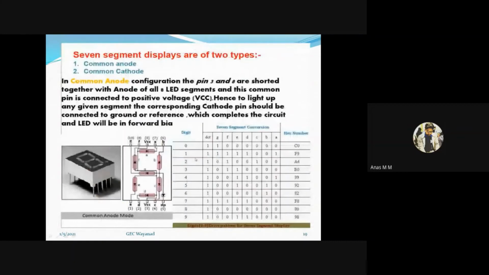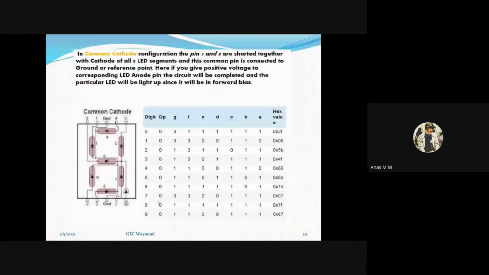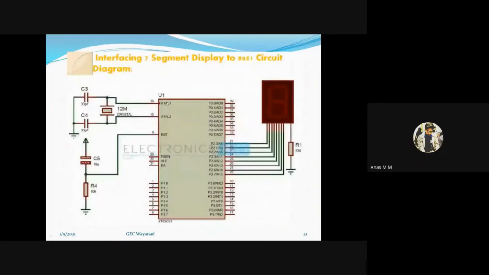Suppose I want to create symbols 0, 1, 2, 3 up to 9, we can copy the hexadecimal number according to the connections in the hardware. So it depends on the connection only, this hex value will come. So I can give you an example in my case for LED interfacing.